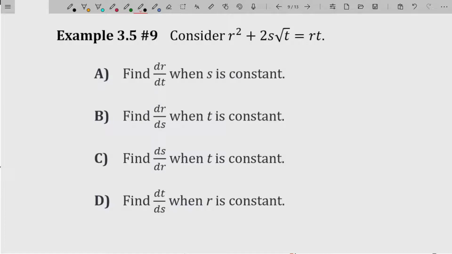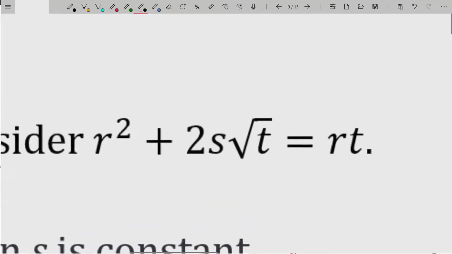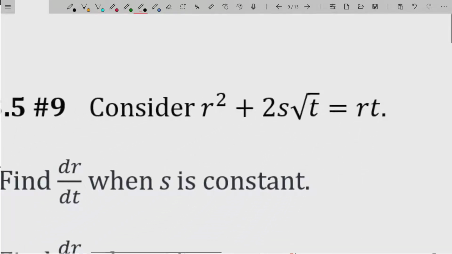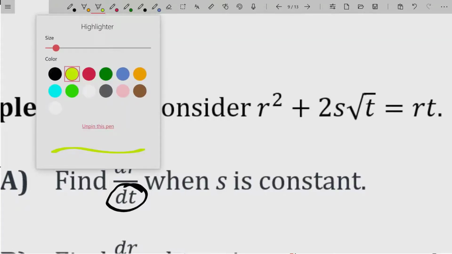So now we get to actually play with Leibniz notation the way it's meant to be played with. We're going to take the derivative of both sides of this equation with respect to t first. We'll find the derivative of r with respect to t, considering that s is a constant.